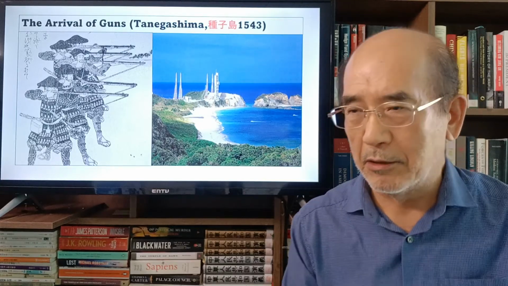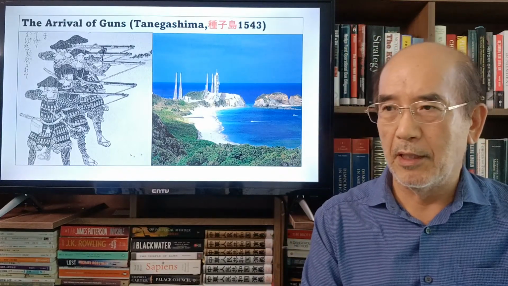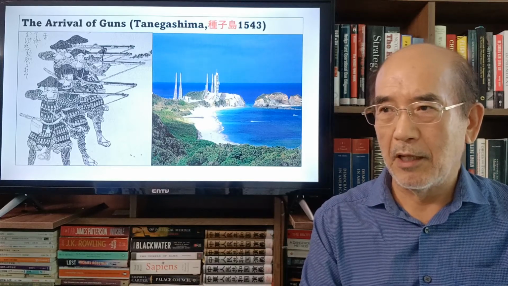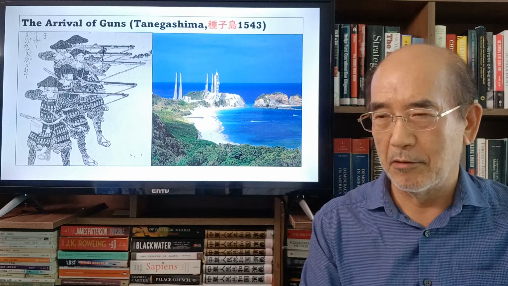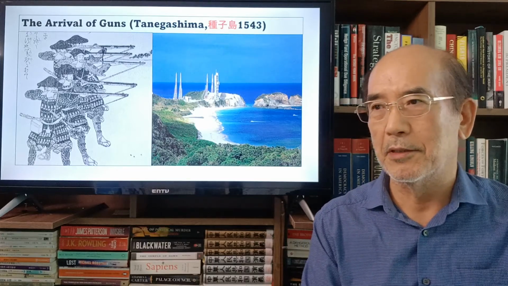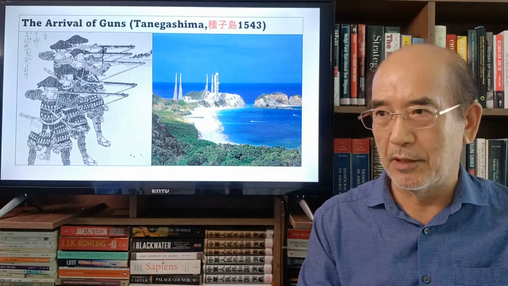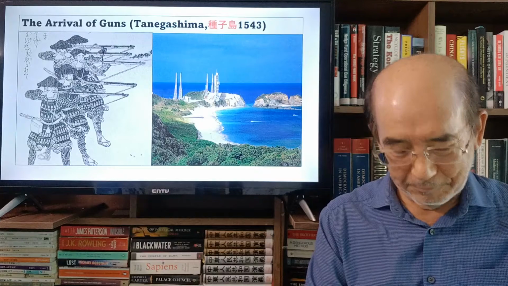And very interestingly, today Japan's only pad for rocket launching is at the same Tanegashima Island. On the right side is the current Japanese rocket launch site on Tanegashima. They shoot the H-2 series of rockets today.